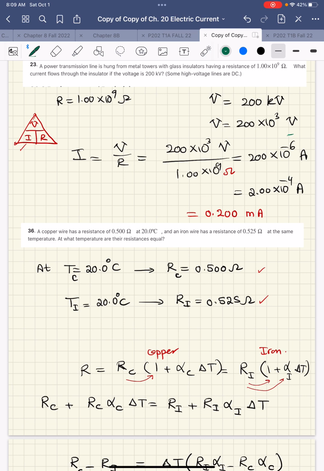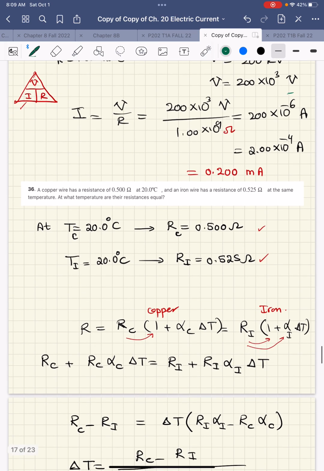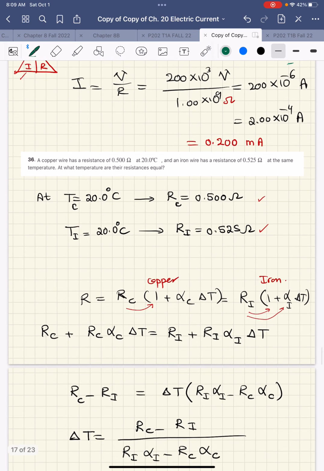R copper times 1 plus alpha C delta T, and R iron times 1 plus alpha I delta T. Then I'm going to distribute the R into the equation. Then this is RC plus RC alpha C times delta T equals Ri plus Ri alpha I times delta T.